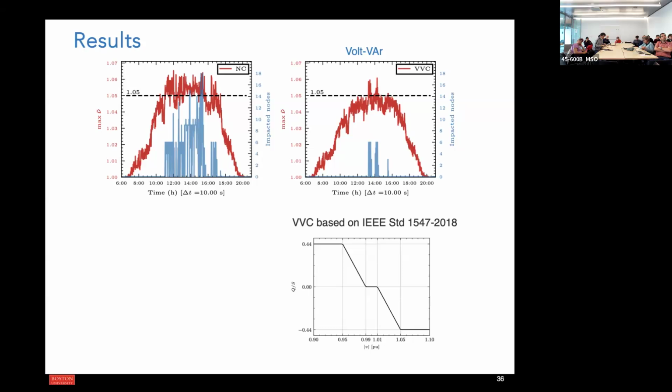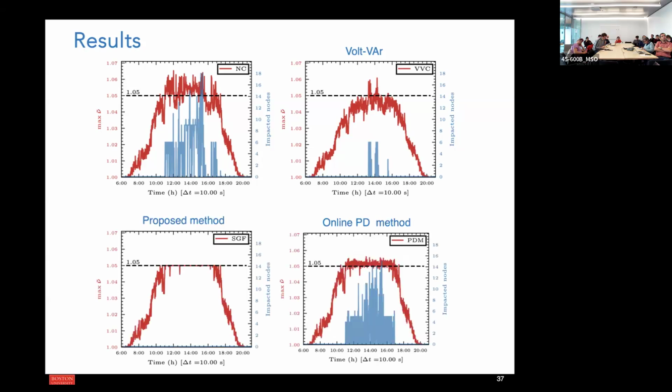This is when you implement the celebrated Volt-VAR control, with this particular curve based on the standard. Now, here I'm looking at 2 methods. First, an online method where instead of using my CBF-type arguments, I use primal-dual. And I get something that violates, as expected from the theory.